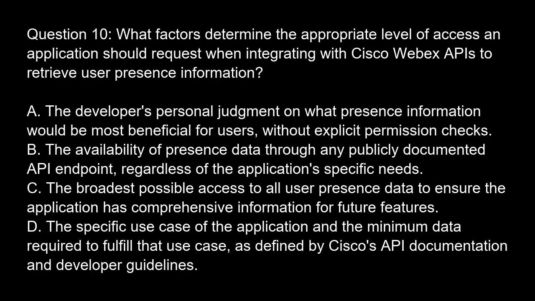Option C. The broadest possible access to all user presence data to ensure the application has comprehensive information for future features. Option D. The specific use case of the application and the minimum data required to fulfill that use case, as defined by Cisco's API documentation and developer guidelines.